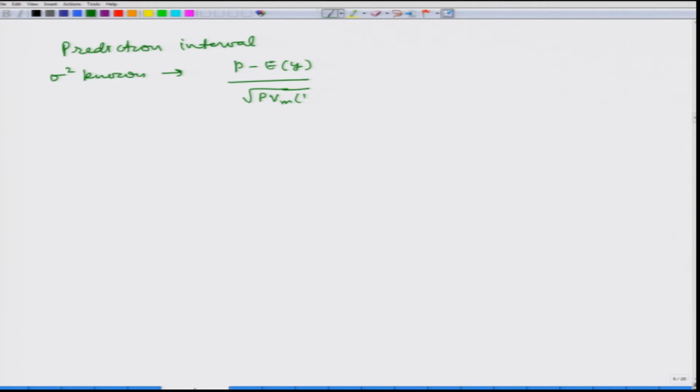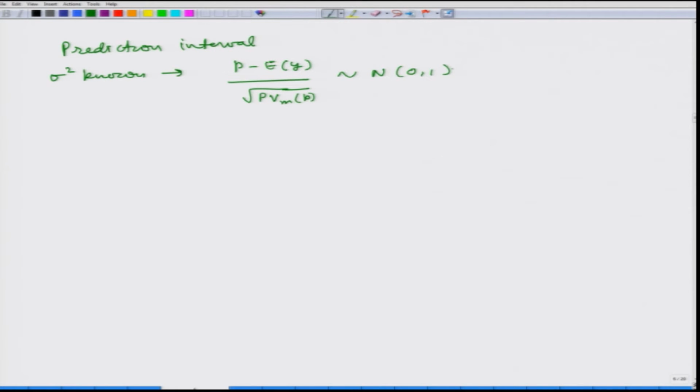Now, in case you want to have the prediction interval, then it can be obtained as follows. We will have two cases. First, when sigma square is known. Then we know that (P minus expected value of Y) divided by the standard error of P follows a normal 0, 1.